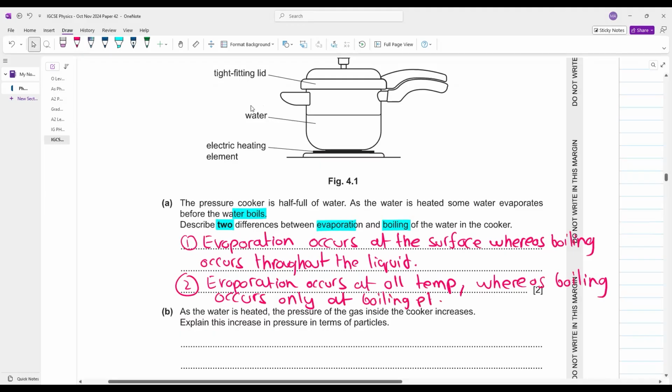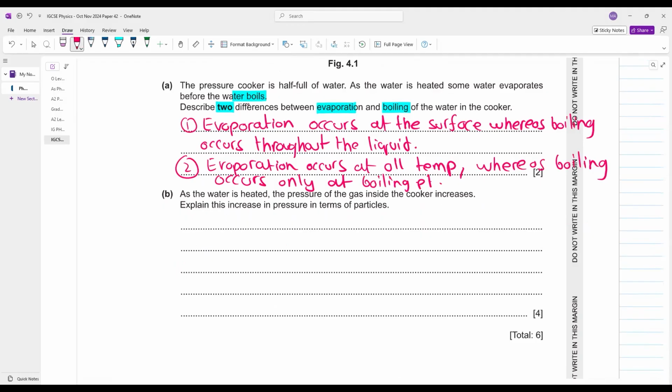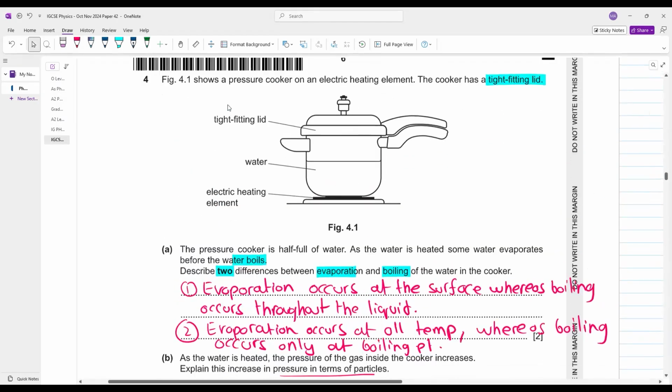Let's move ahead. As the water is heated, the pressure of the gas inside the cooker increases. Explain this increase in pressure in terms of particles. How will you explain this?